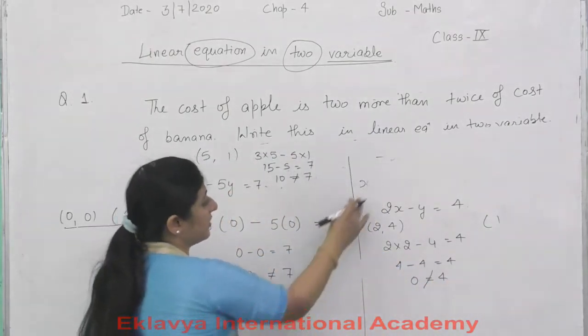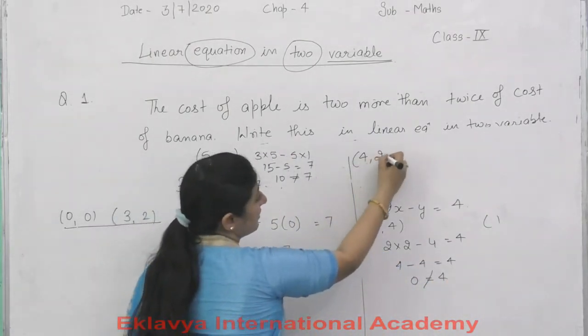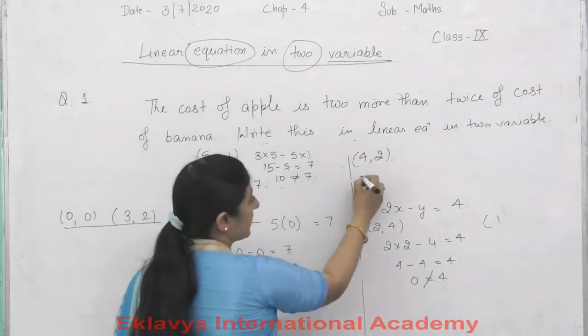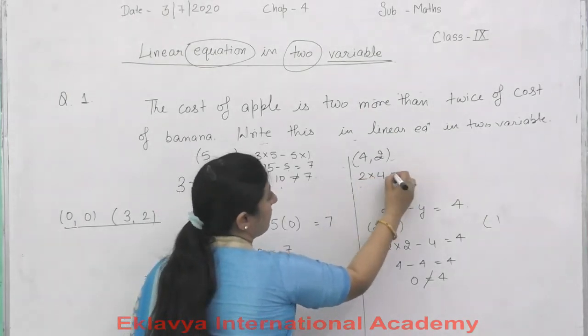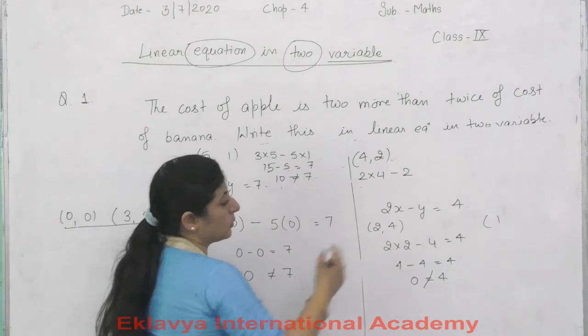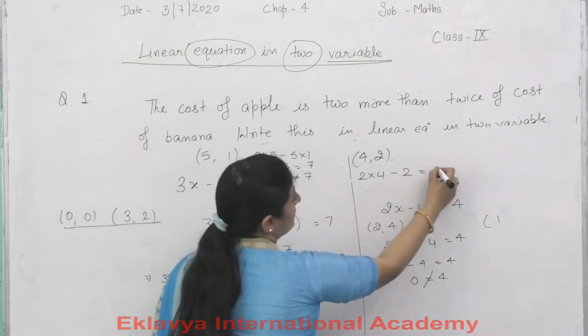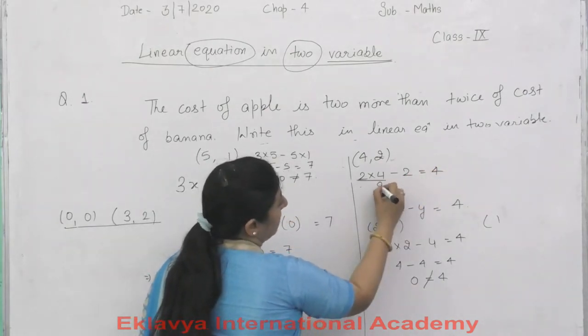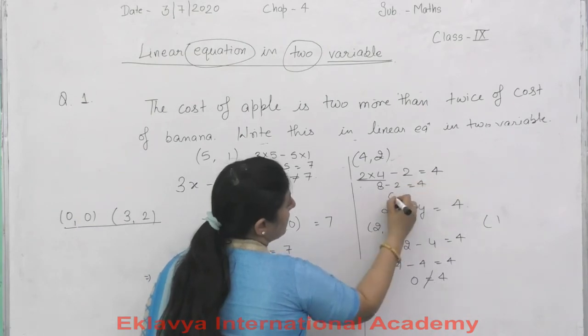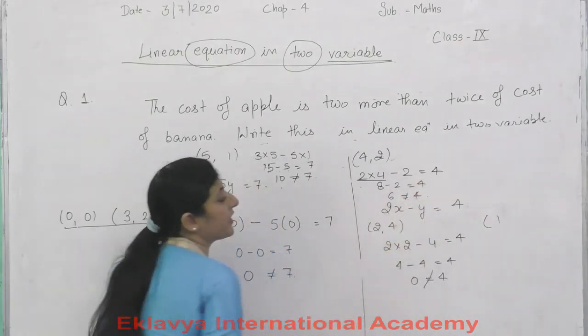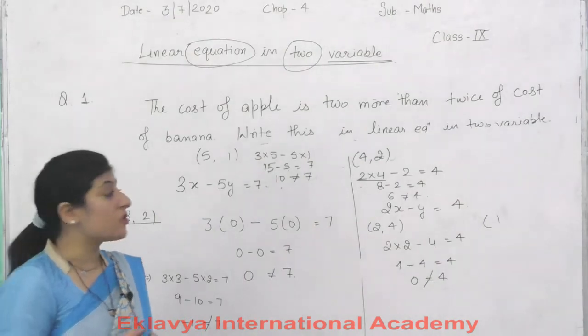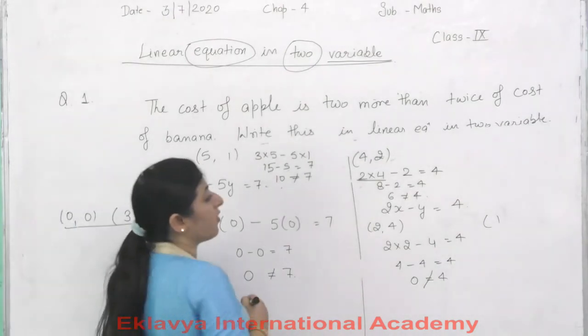Similarly, I take one more solution, (4, 2). Now check it. 2 multiplied by 4 minus 2 is equal to 4. 8 minus 2 is equal to 4. 6 does not equal 4. It means this is also not a solution of it.